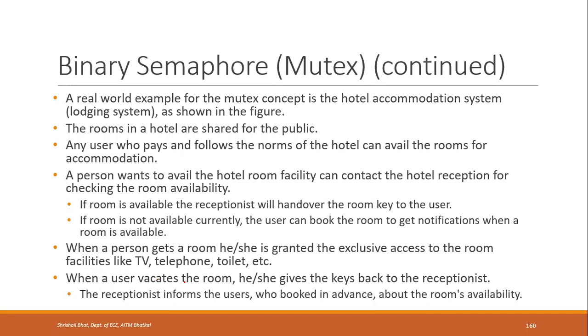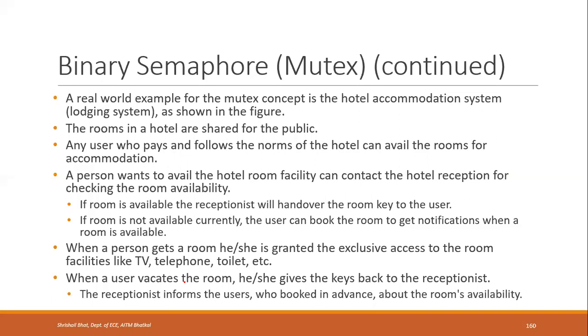If you take this from the OS point of view, when processes want access, they contact the OS kernel to find out if that critical section can be accessed. They will check the semaphore object or the mutex object. If it is available, they can access it.